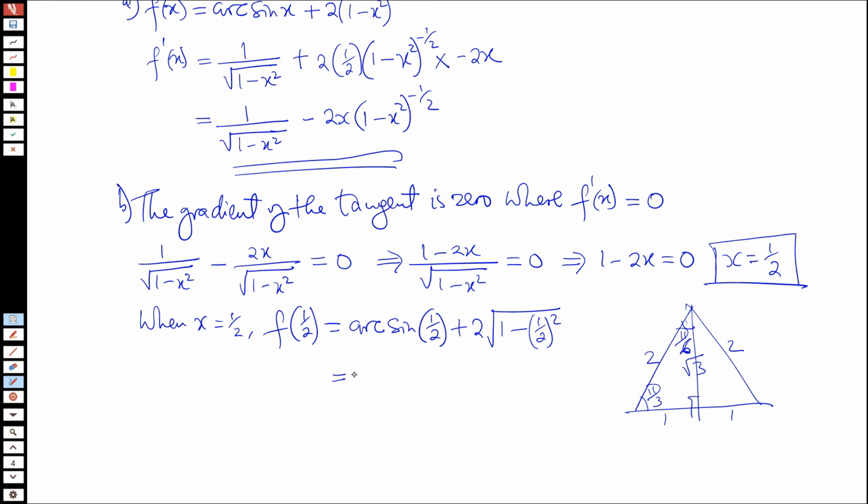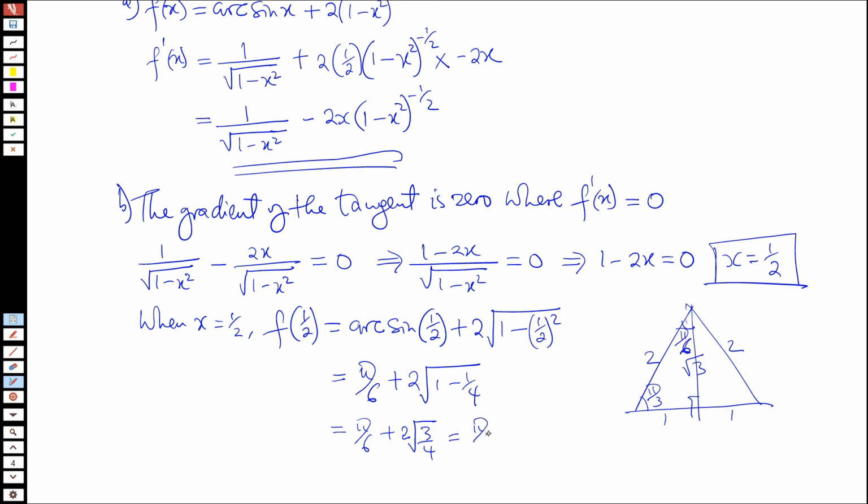So that will be equal to pi over 6 plus 2 multiplied by the square root of 1 minus a quarter, which will be equal to pi over 6 plus 2 multiplied by square root of 3 over 4.